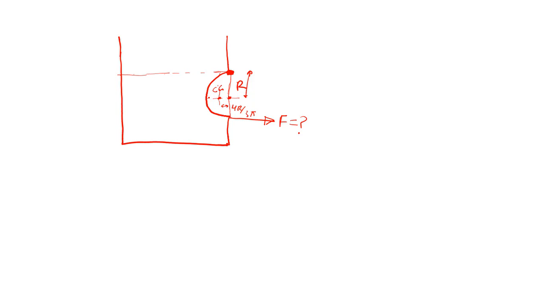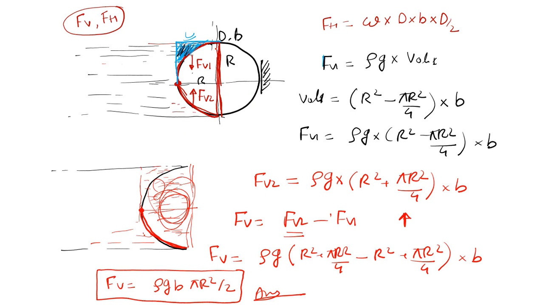See, this gate will experience two forces, one in vertical direction and one in horizontal direction, like we have seen earlier, right? This surface has got two forces, one in the horizontal direction, another in the vertical direction.